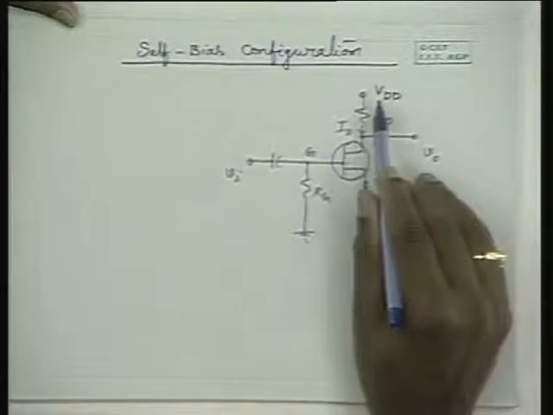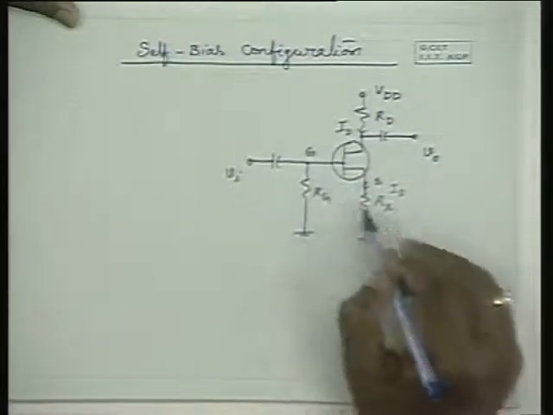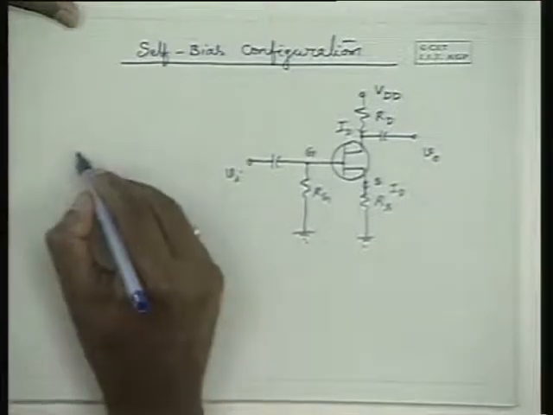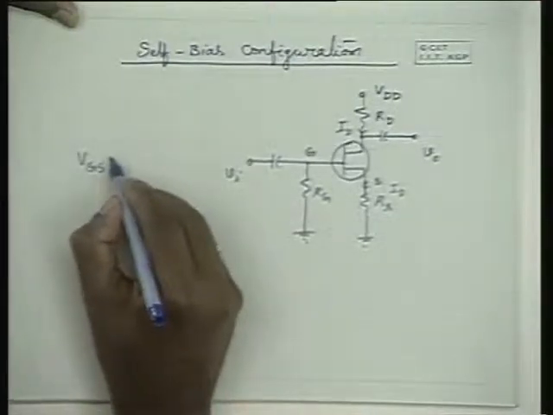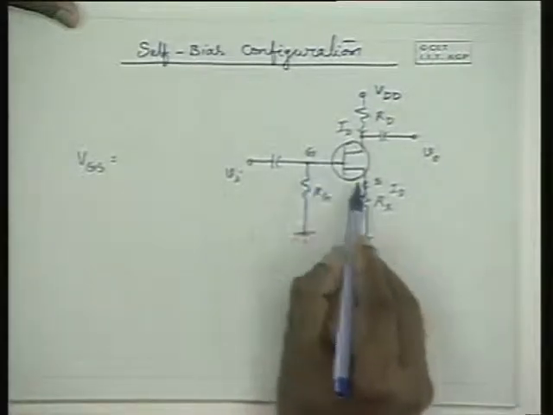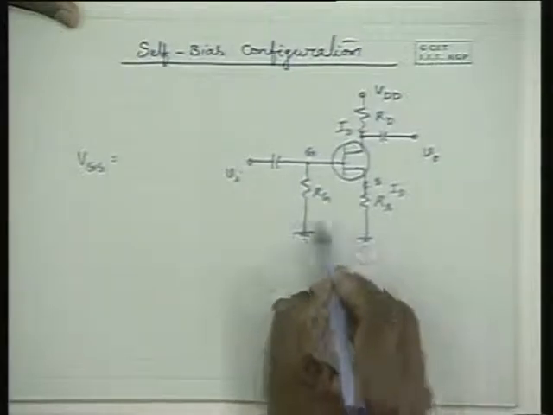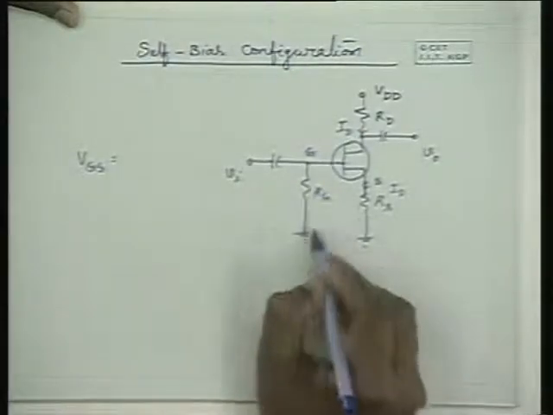Therefore, if we apply Kirchhoff's voltage law here, VGS plus ID into RS is equal to the voltage drop across RG.